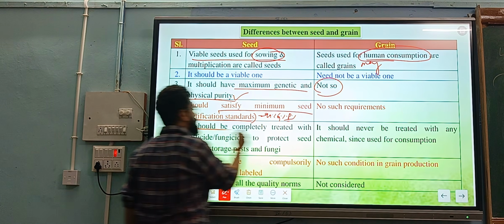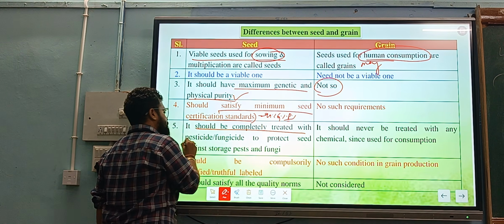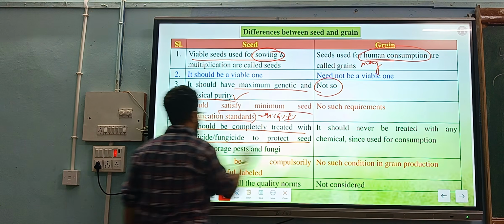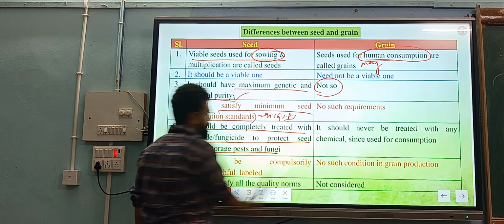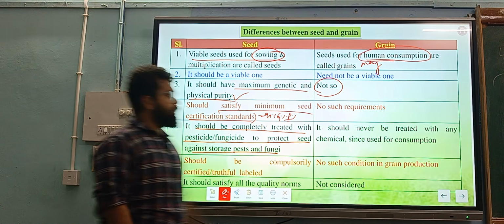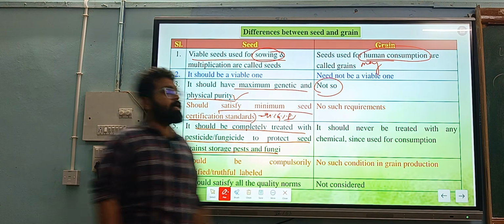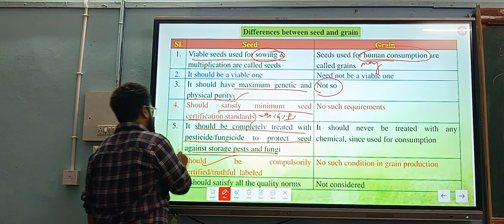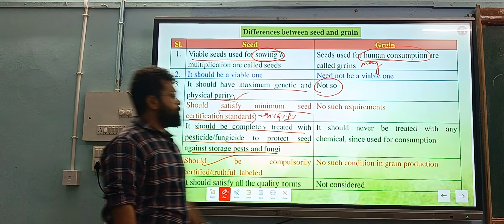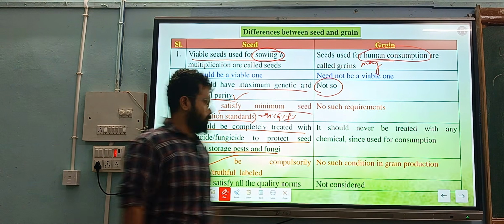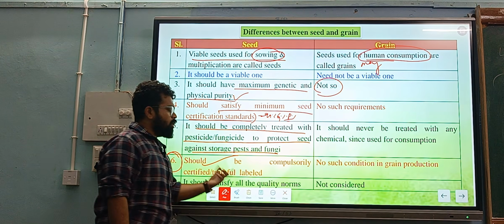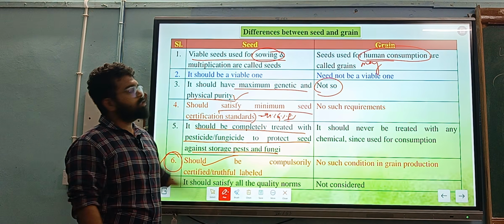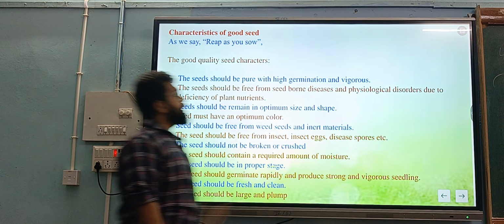Seed should be treated with pesticide and fungicide to protect it against stored pests and fungi, whereas no such chemical treatment is given to grain. Seed should compulsorily be certified, but no such conditions apply to grain, and it should satisfy all quality norms, and there is no such quality norm with respect to grain.